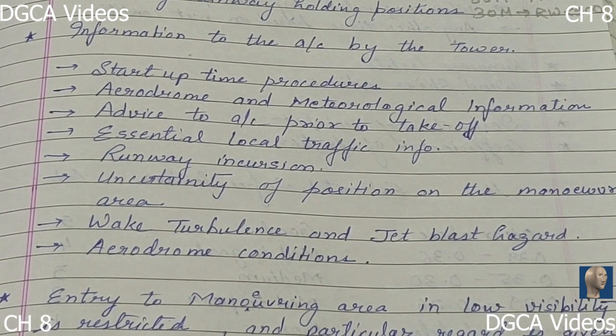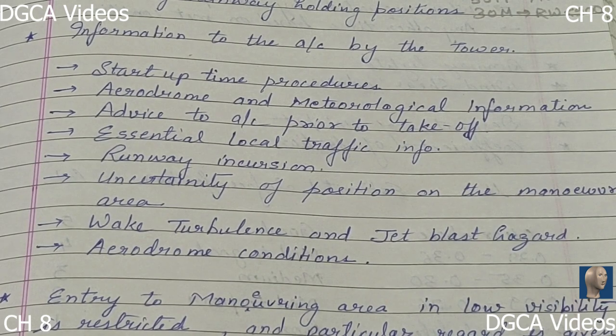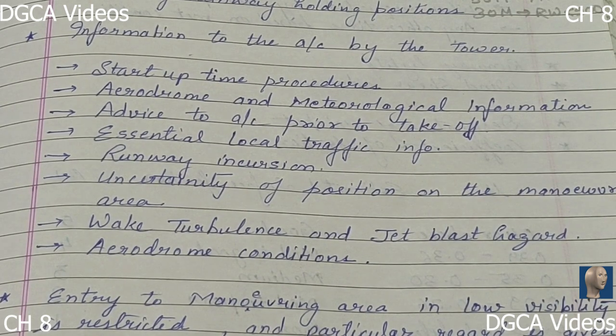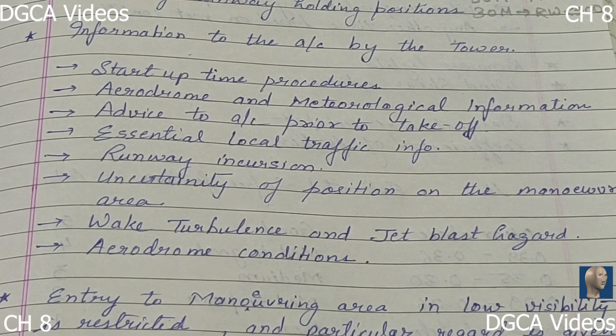Okay. Now finally, uncertainty of the position on the maneuvering area. If the aircraft is uncertain about its position in the maneuvering area, then what they have to do is stop the aircraft, and simultaneously notify the appropriate ATS unit that they have no idea where they are, and report the last point which they knew.